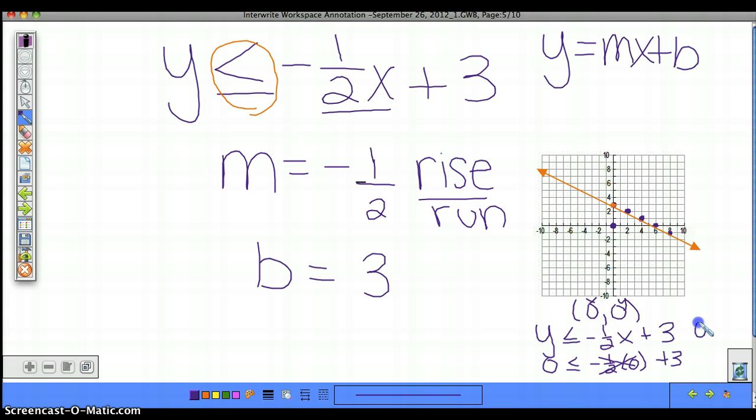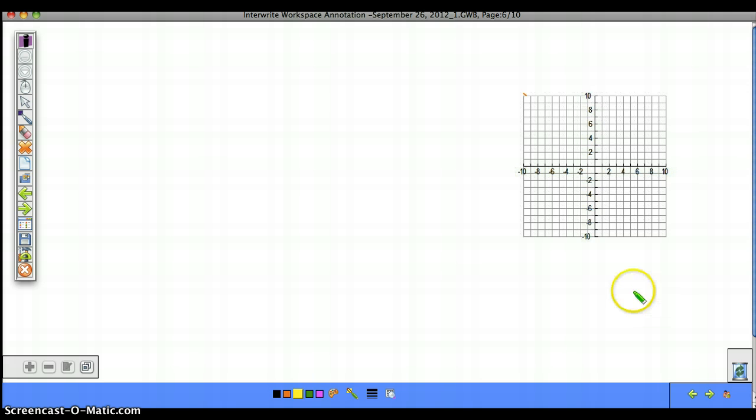So I'm left with 0 is less than or equal to 3. Since this is true, then I want 0, 0 to be shaded over. So I'm going to shade this way. I want everything less than my line. And we're done. Let's try one more just to be clear.